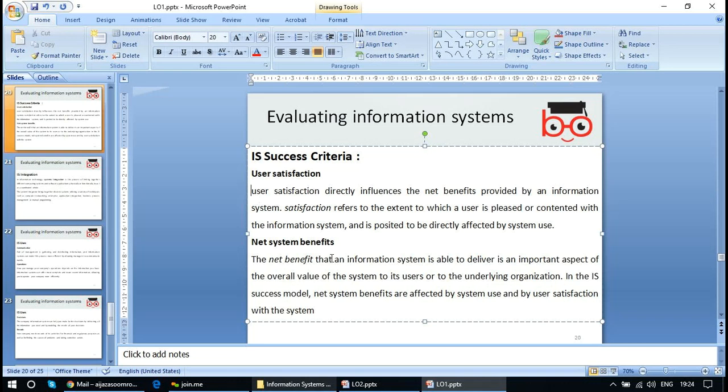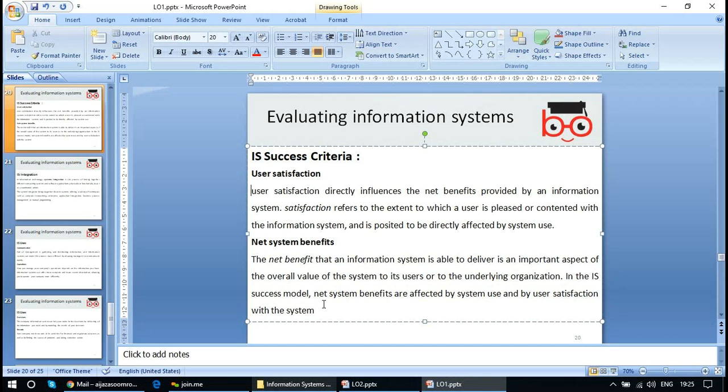Net system benefits that an information system is able to deliver are an important aspect of the overall value of the system to its users or to the underlying organization. In the information system success model, net system benefits are affected by system use and by user satisfaction with the system.